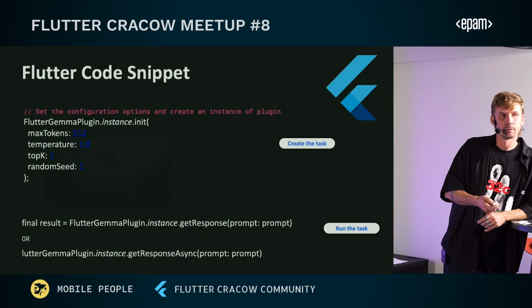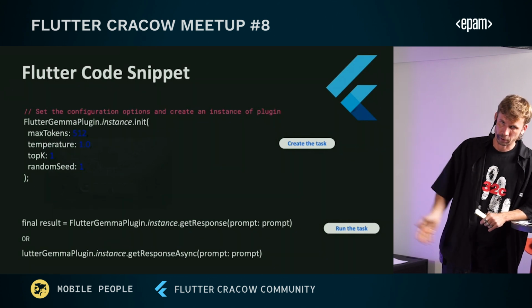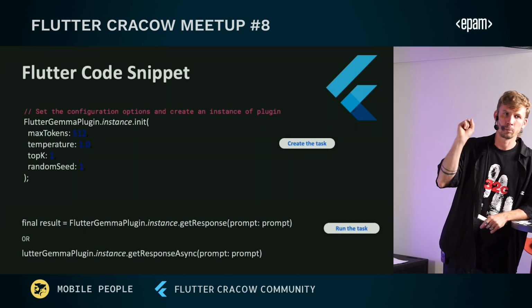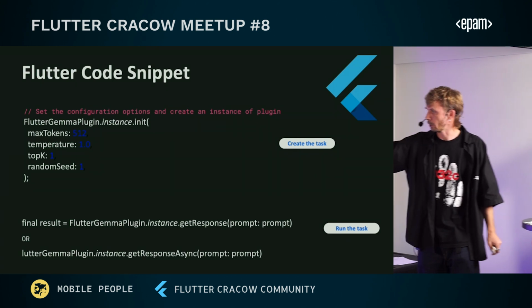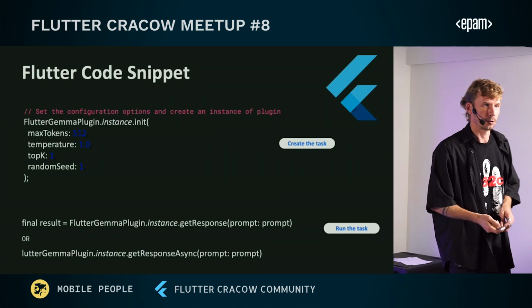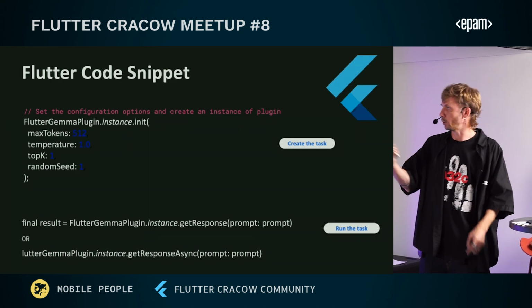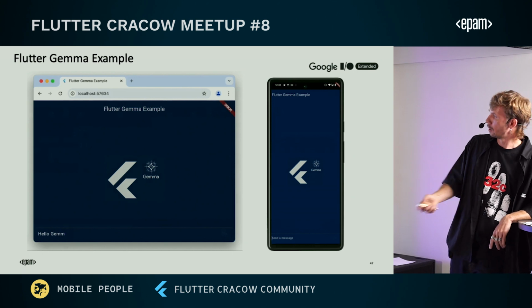So you can manually upload your model to Android, to iOS. In case of web, it's simpler: you just put it in the web folder, and then use get response or get response async, so you get the full answer or word by word. It looks like this example that I attached to my plugin.